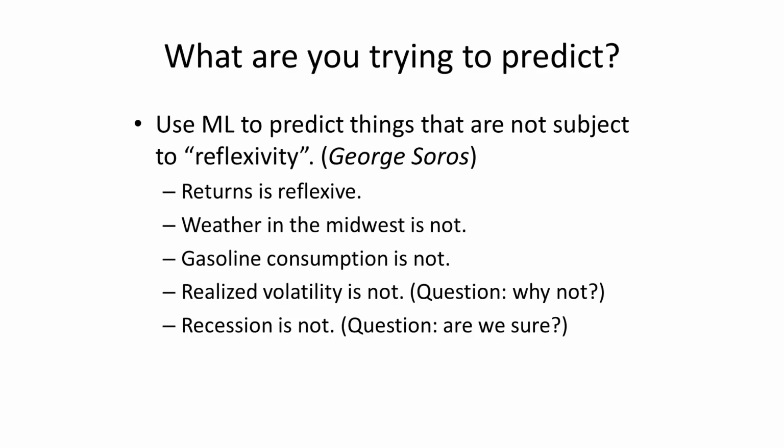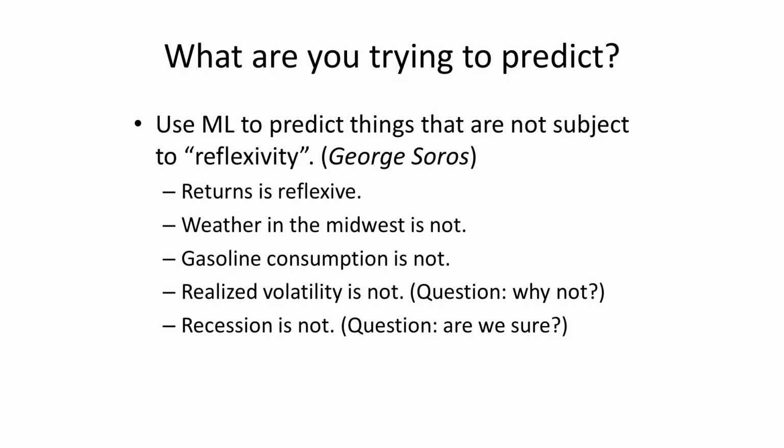And so, therefore, realized volatility is a good target for machine learning. Now, of course, there are traditional methods like GARCH to predict realized volatility, and they're doing a pretty good job already. But again, when you apply machine learning to finance, the goal is not to substitute what existing models can do.